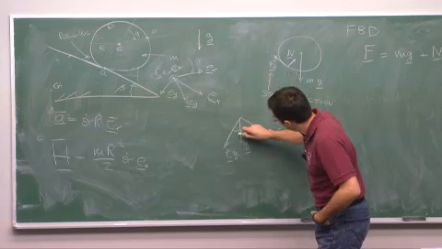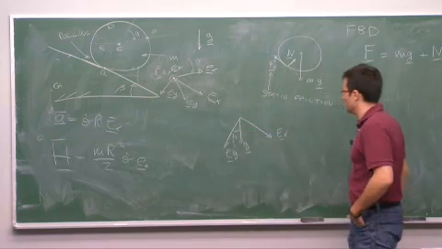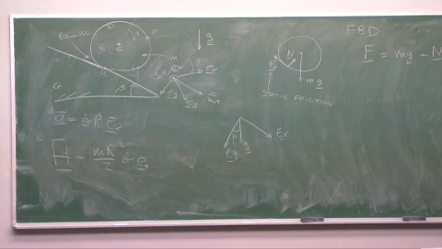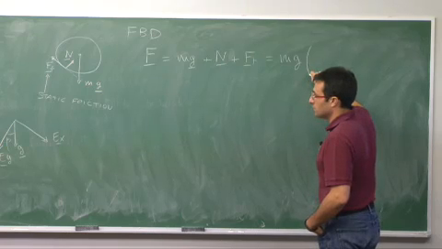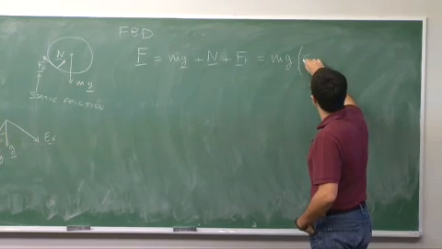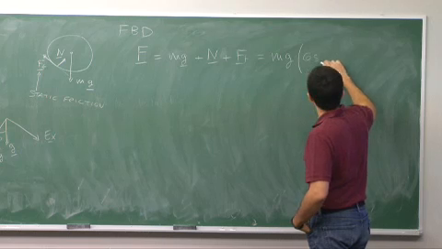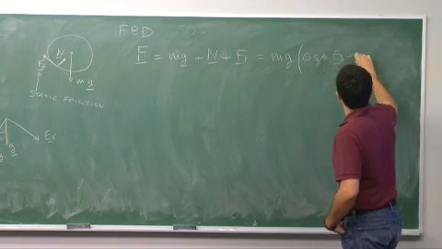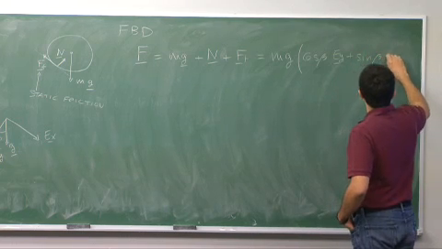Is this beta? Okay. So it looks like it's mg, and then I have, what do I have? Cosine of beta EY plus sine of beta EX.